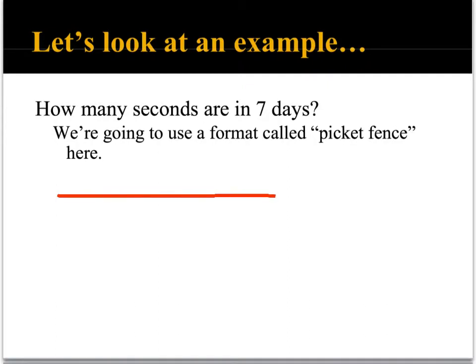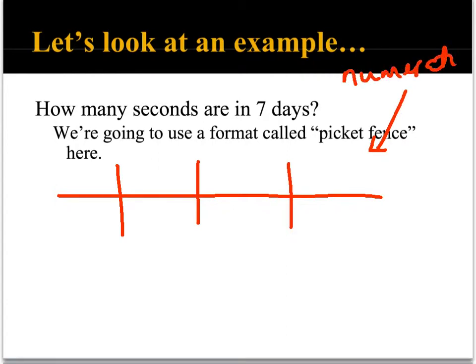It's called picket fence because a picket fence looks like this. We're going to be putting conversion information in these different boxes, and you can see that it looks like fractions, you have numerators and you have denominators.